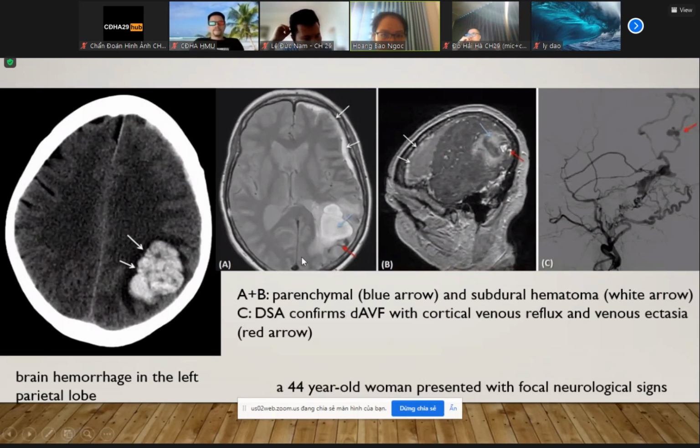And we can see in the MRI imaging there is a parenchymal hematoma with the blue arrow, and the subdural hematoma with the white arrow. In DSA imaging, it confirms a dAVF with cortical venous reflux and venous ectasia, which is likely the rupture.